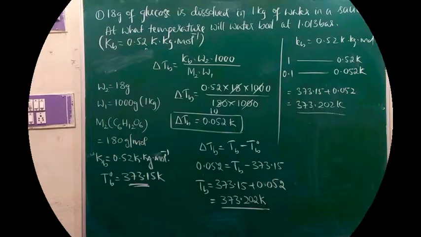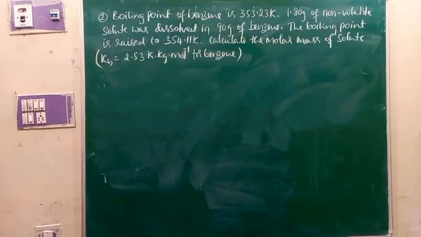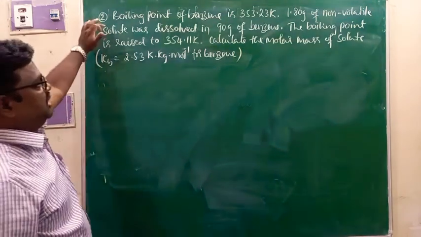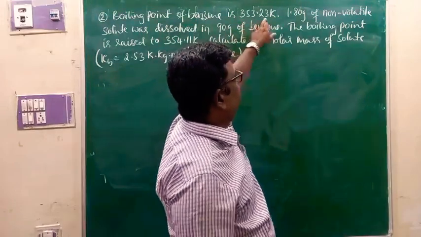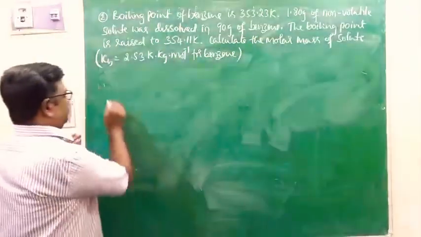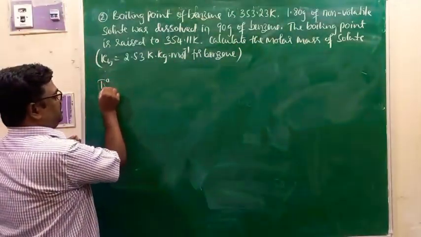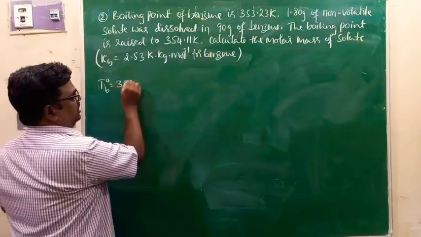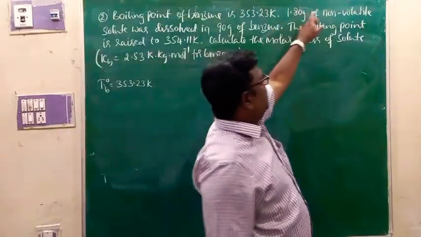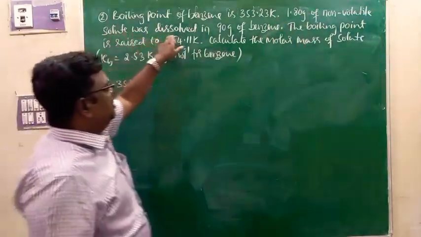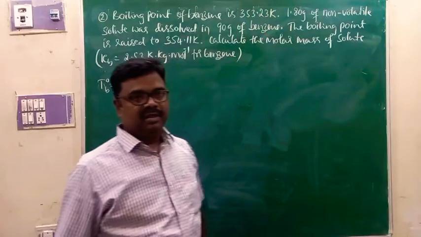We'll take up the next problem, the second problem here. The boiling point of benzene is 353.23 kelvins, that is the boiling point of pure solvent, T0B. 1.80 grams of non-volatile solute was dissolved in 90 grams of benzene.